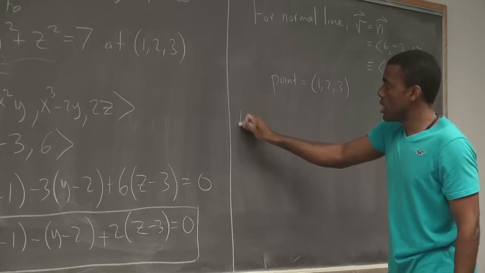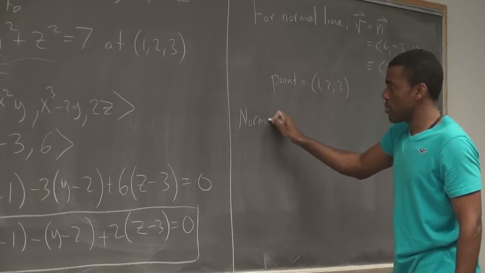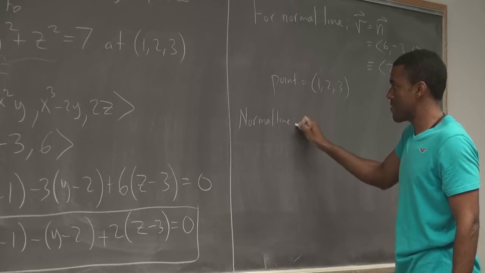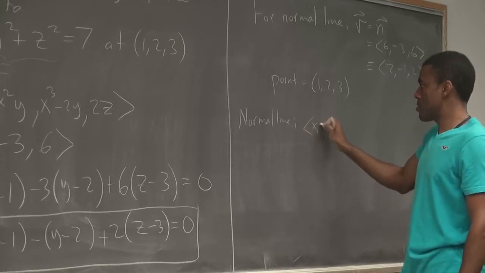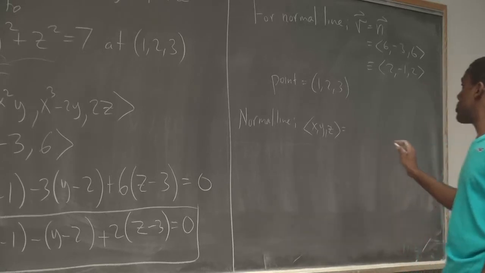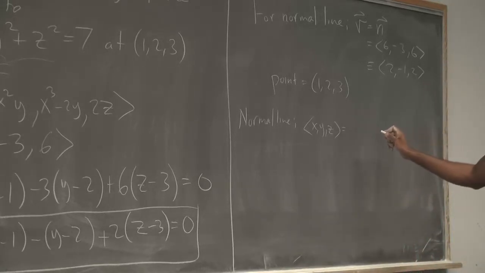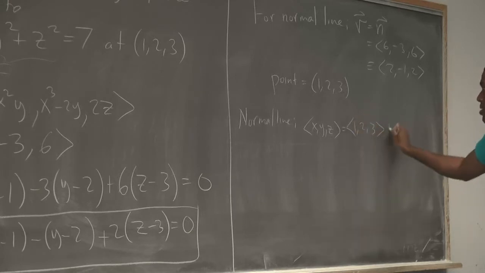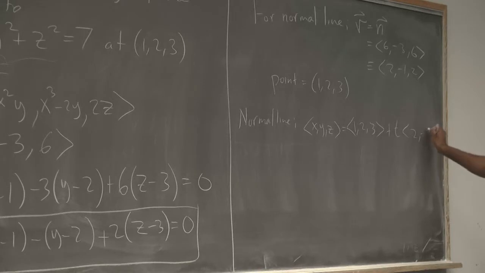So the normal line, let's see who remembers the formula. x, y, z equals 1, 2, 3 plus t times 2, minus 1, 2. Yep.